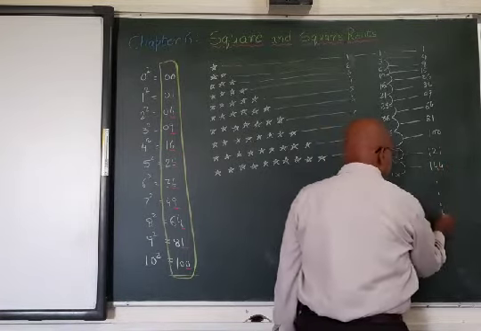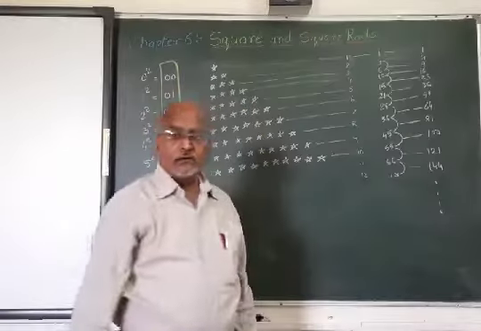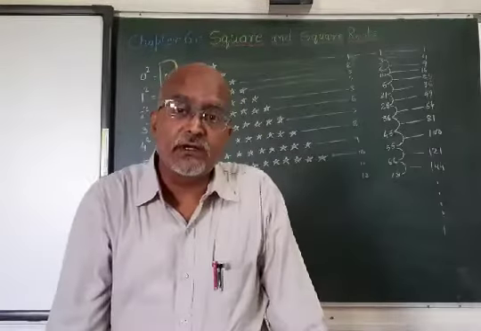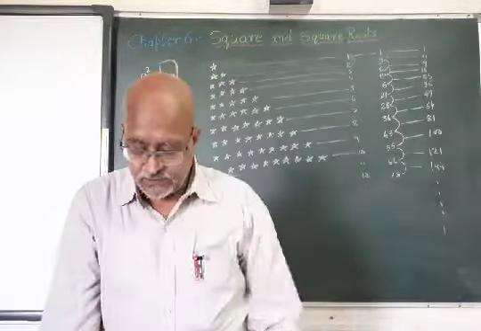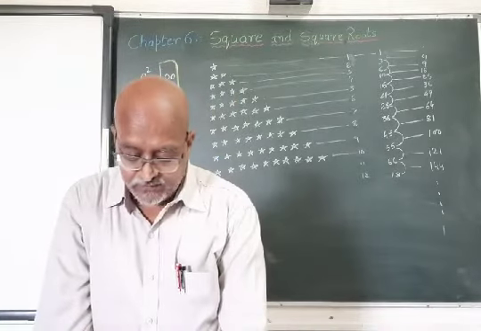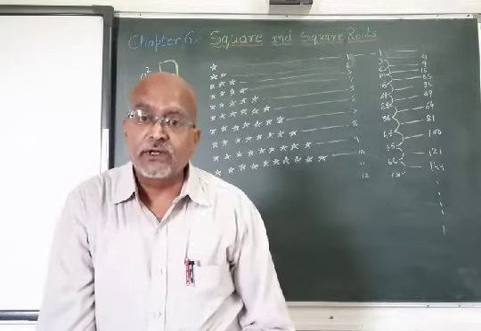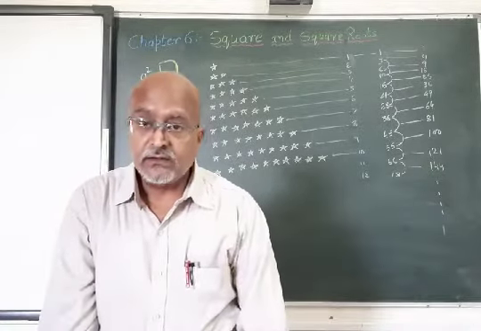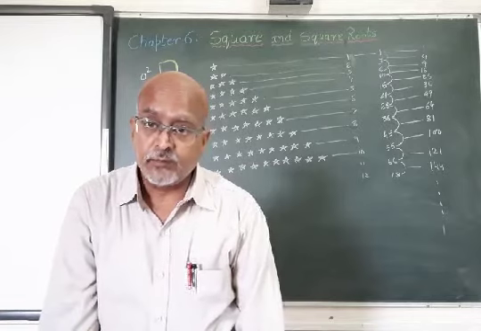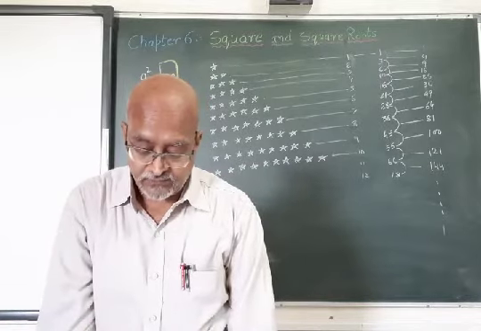So go on increasing, you can get a series of perfect squares. So this is the pattern that you can, if you refer it 2, 3, 4 times, you will get a series of perfect square numbers.